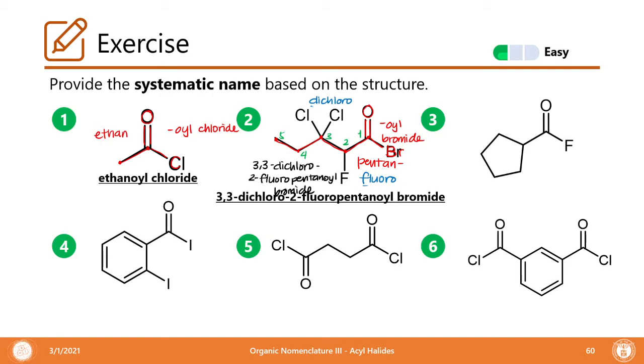Now for number 3. Here we have our acyl halide, or acyl fluoride. This carbonyl carbon is not part of a linear chain but directly connects to a cyclic chain. So we have to modify our suffix to use this as our parent chain. We'll be using carbonyl fluoride.